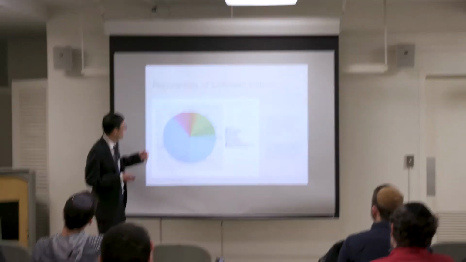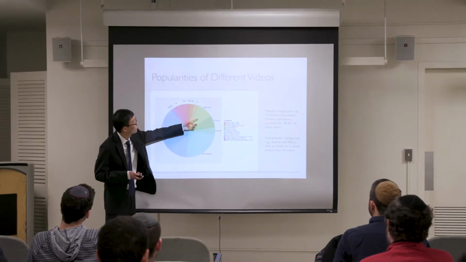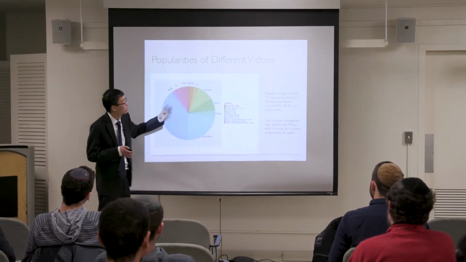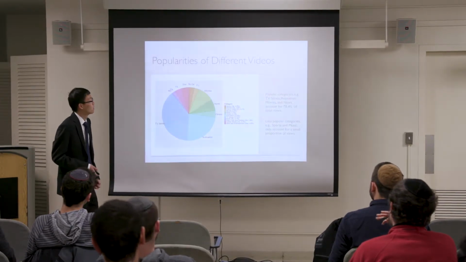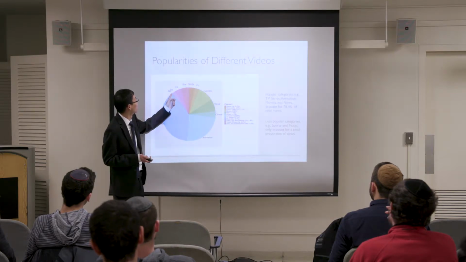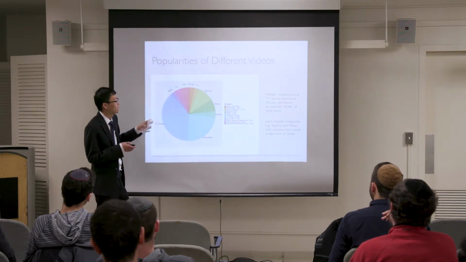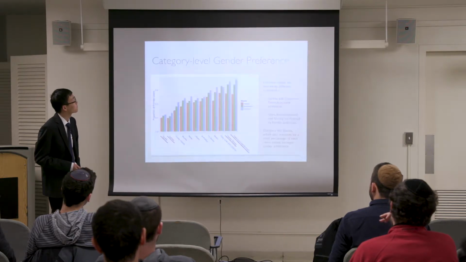As we can see, some popular categories like TV series, animation, movies, and news account for more than 78% of the total views, while some less popular categories like sports and music account for only a small market, less than 3%.